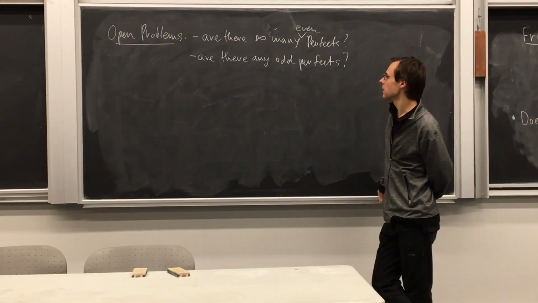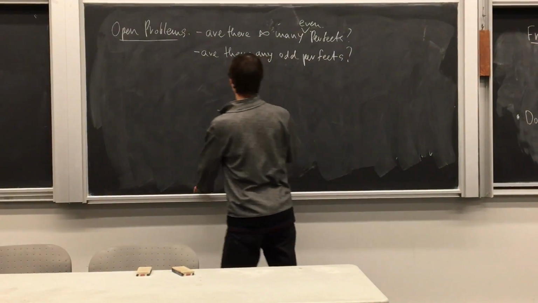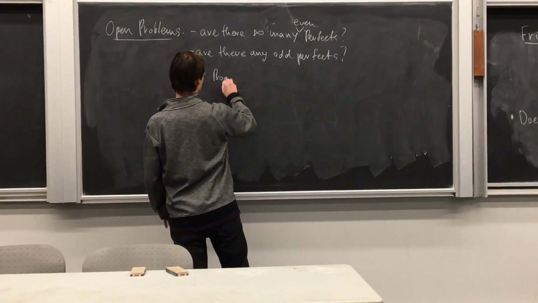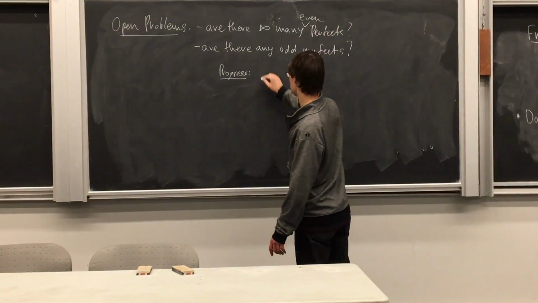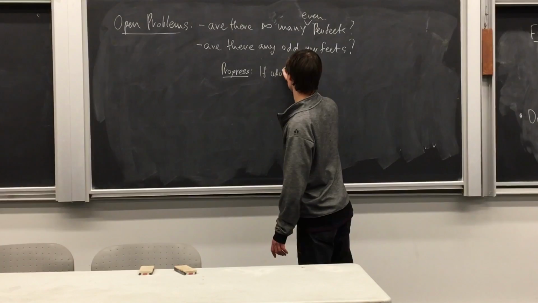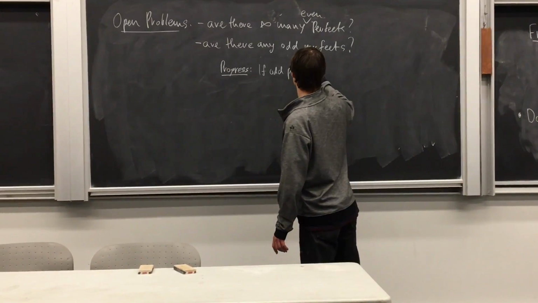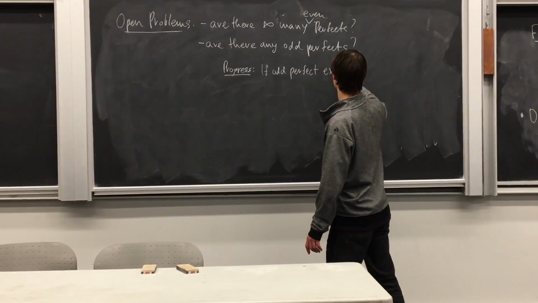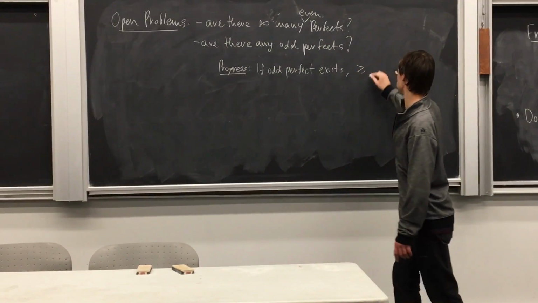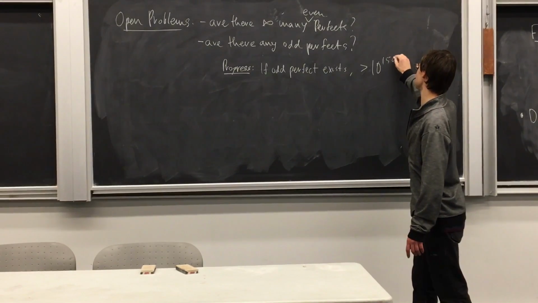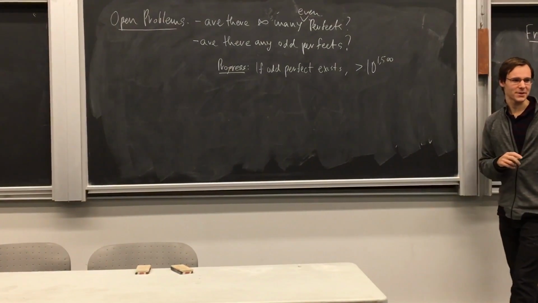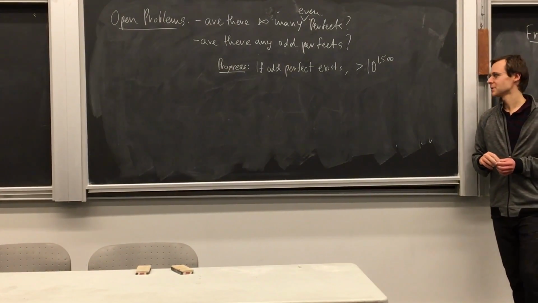What we know is that somebody proved that if an odd perfect exists, then it's greater than or equal to 10 to the 1500. So it has to be absolutely huge.